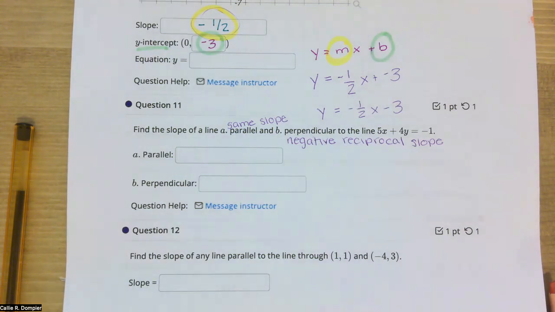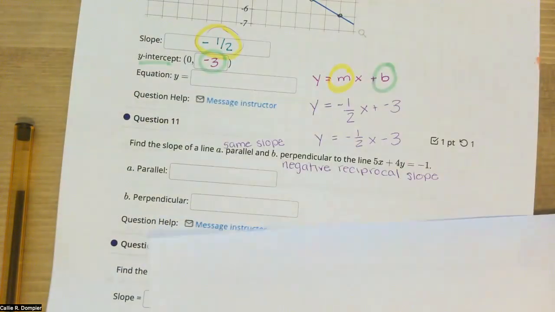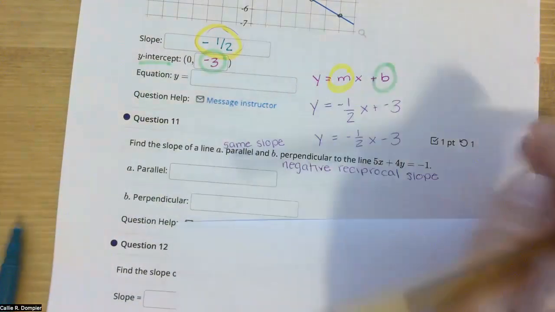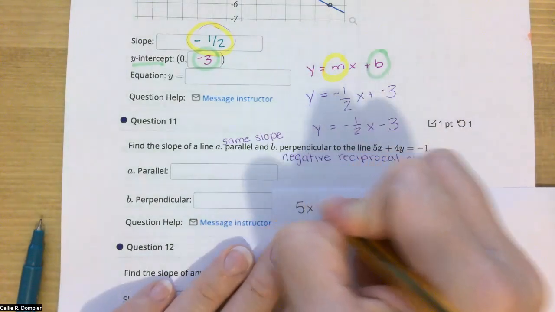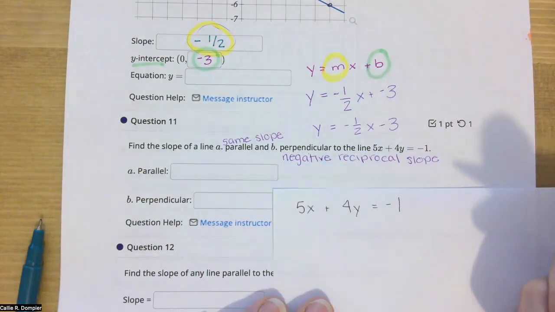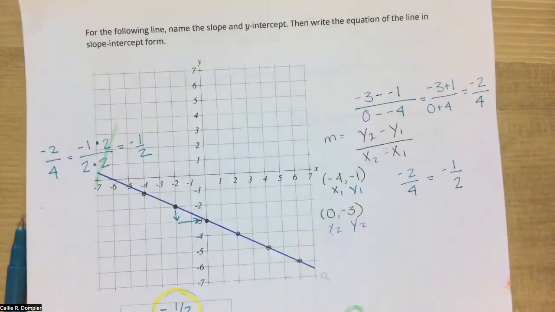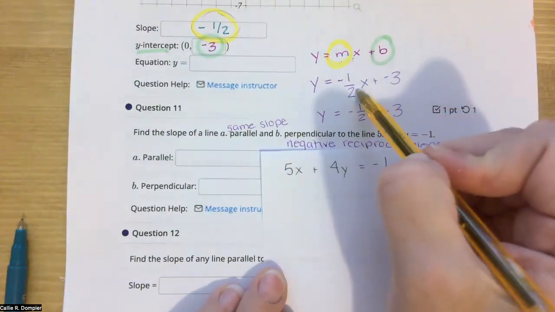To find the parallel slope and the perpendicular slope of this line, we need to first find the slope of that line. If you want to graph it, you can do that to find the slope. What I would do is change it from standard form, 5x plus 4y equals -1, to slope-intercept form, y equals mx plus b, because then whatever is next to the x is going to be my slope.